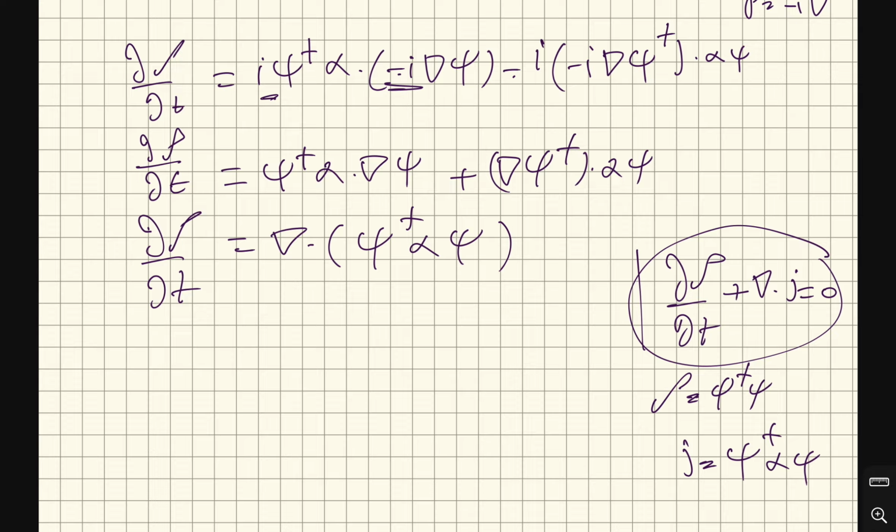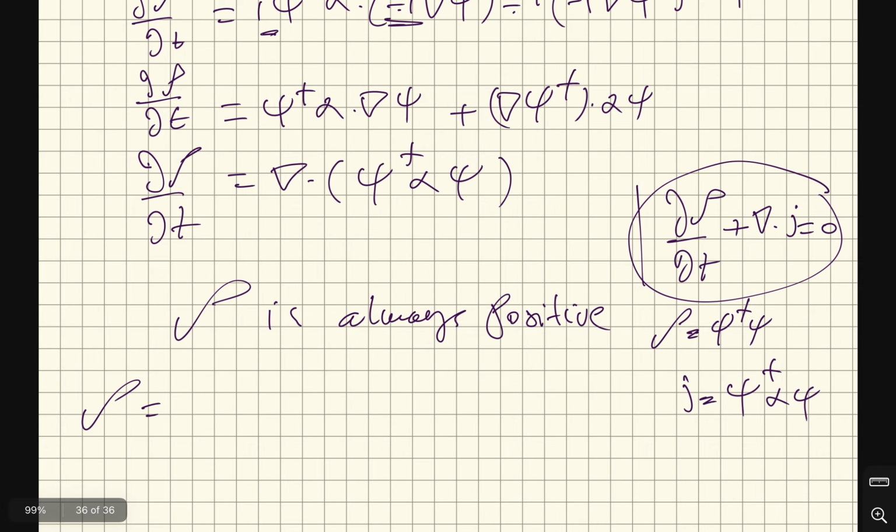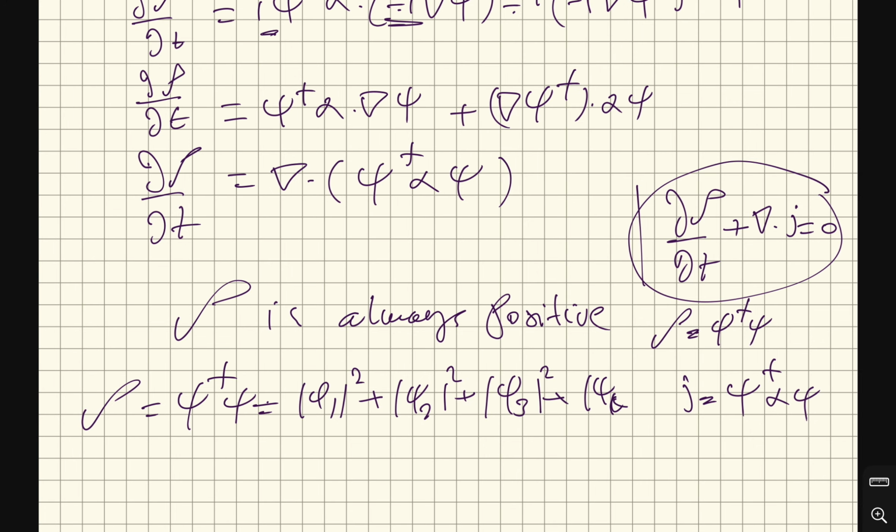So rho is always positive. That means that rho equals psi dagger psi, which is the squared magnitude of psi 1 plus psi 2 plus psi 3 plus psi 4.